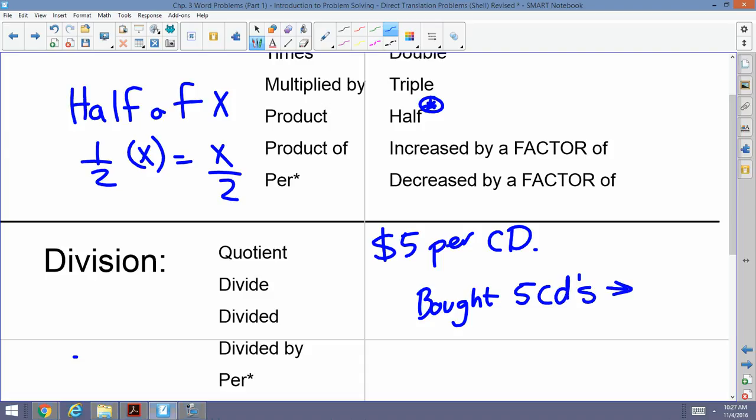What would you be doing here? I want to find the total of how much I spent, and you bought 5 CDs, and each CD is $5. How much did you spend? 5 times 5. You just answered your question. That's $25. You just multiply, correct? Because per CD.